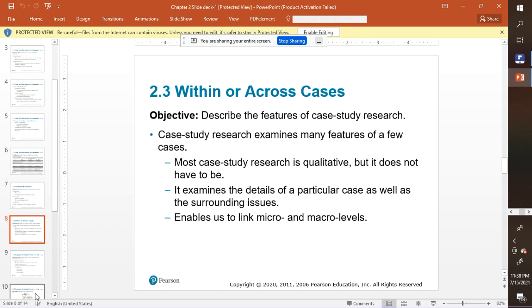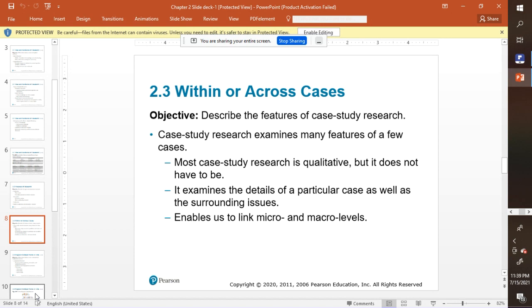Mostly, most times, it's qualitative, non-numerical research, like last time I was talking about case studies, and we talked about focus groups, we talked about observation and things like that.